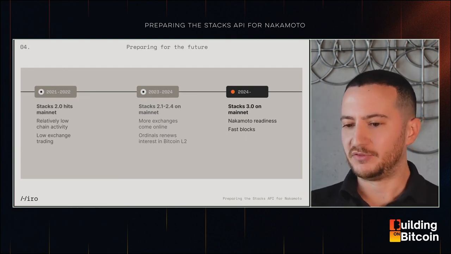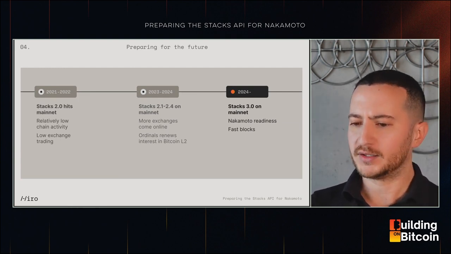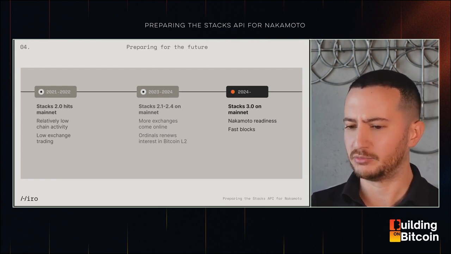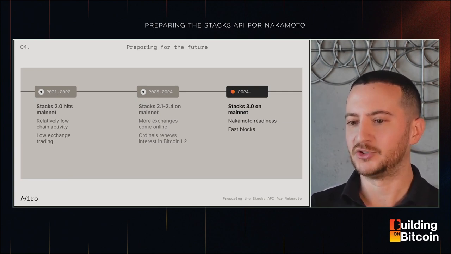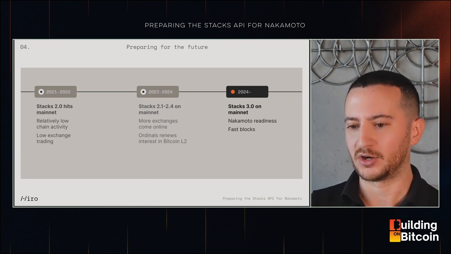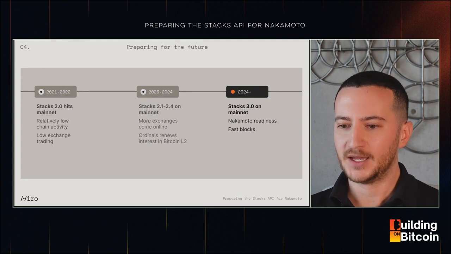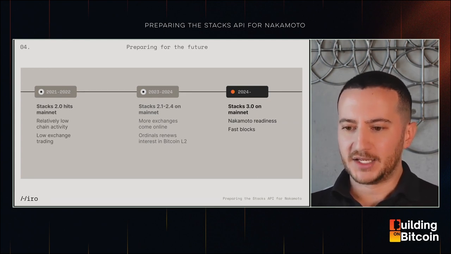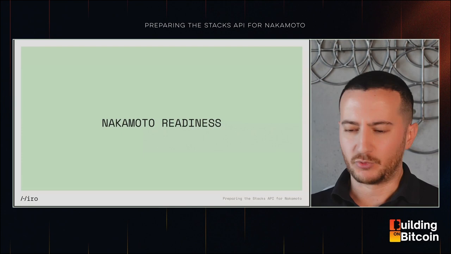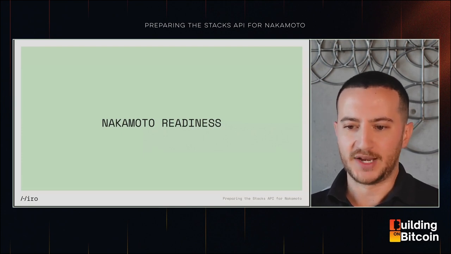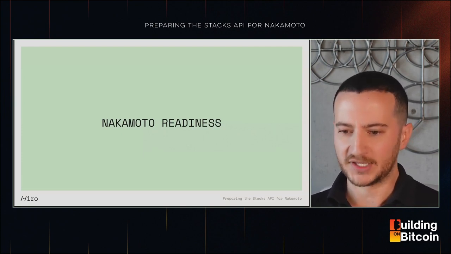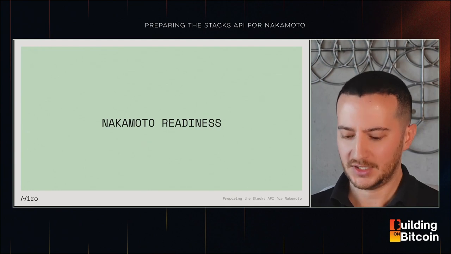So as I mentioned before, right now, one Stacks block equals roughly one Bitcoin block. So once Nakamoto is live, we will have many Stacks blocks during one Bitcoin block, right? So this obviously changes the game on the API. So I'm going to start by giving you just a quick overview on what we're doing with Nakamoto readiness, and we'll dive into fast blocks after that.